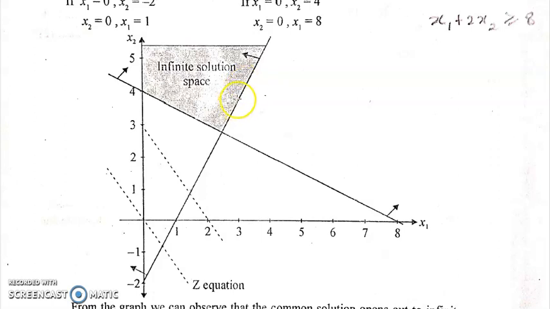See, this extension will be infinite. You can make it an infinite line. x1 = 0, x2 = 4, directly because x1 is anyway 0. Then x2 = 0, x1 = 8. x1 8 is here. Then draw this line and extend it infinitely.